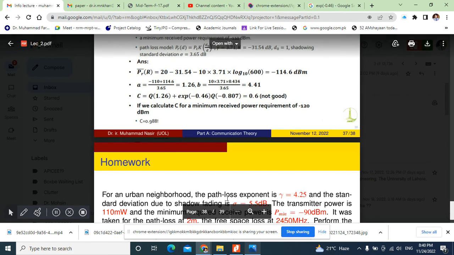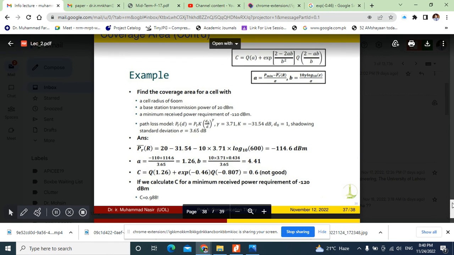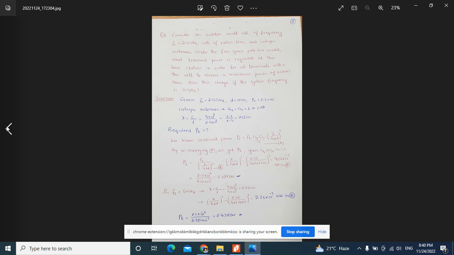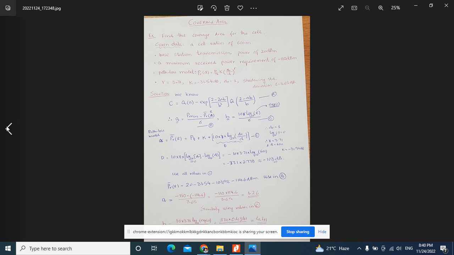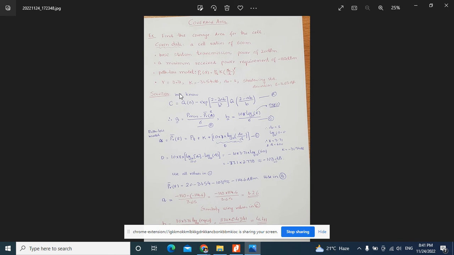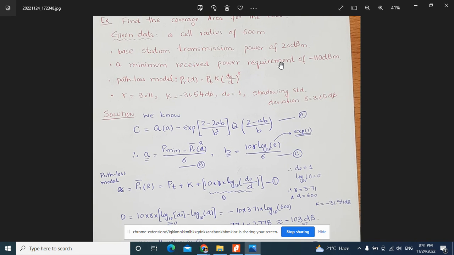So the second question, the second example in this case was, what happens if you change the threshold value of the power? If you change this minimum receive power to minus 120 dBm, then what happens? Where do you need to make the changes?